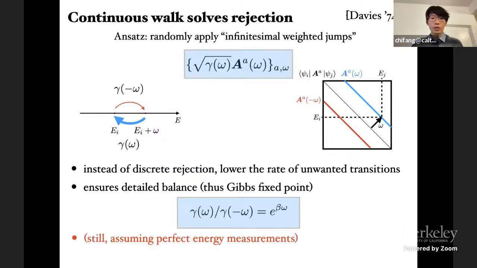In particular, you can choose these weights to satisfy detailed balance, and that guarantees the fixed point is Gibbs. The point of this slide is that if you have continuous time, somehow things are better. You don't have to worry about the rejection step in discrete Metropolis.